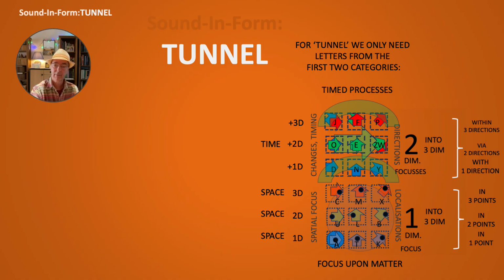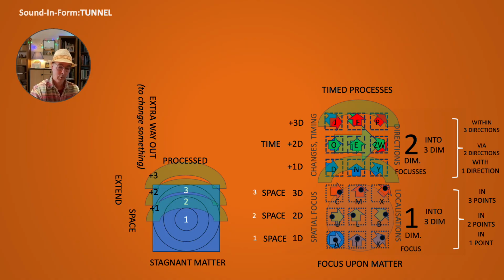So here you have the timed process, which are basically directions, and the focus upon matter, which are basically points of reference, of localizations of where we are somewhere in the physical space. And it is kind of 1, 2, 3 options always.